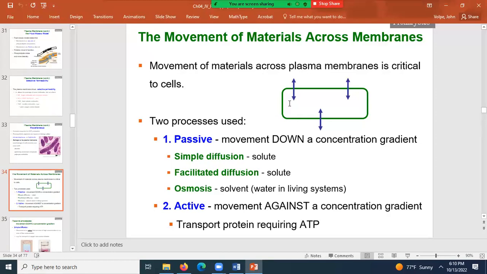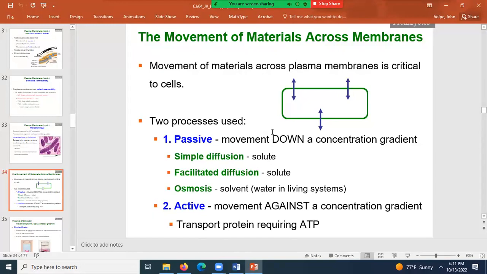The passive movement of material can happen in three different ways. There's simple diffusion, where a solute moves down its concentration gradient. For example, oxygen moves from areas of high concentration outside the cell to areas where it's lower inside the cell by simple diffusion. There's also movement of material down the concentration gradient by facilitated diffusion.